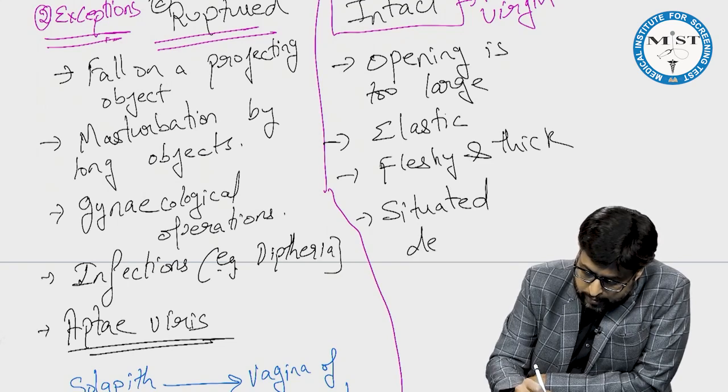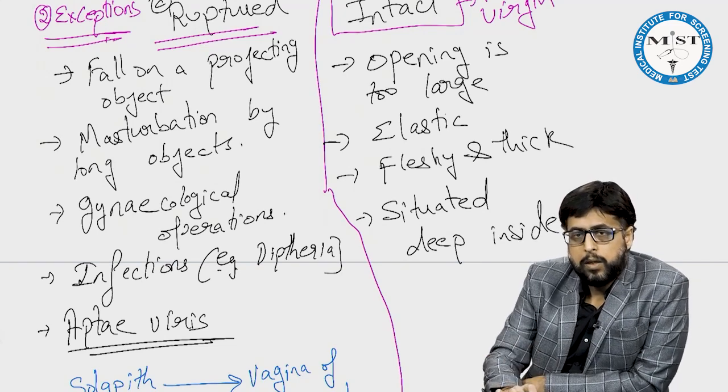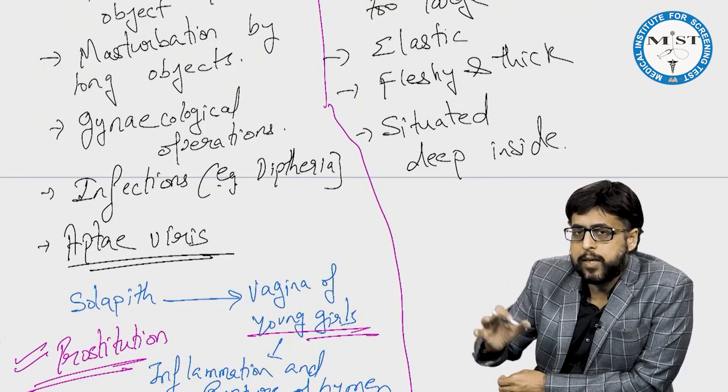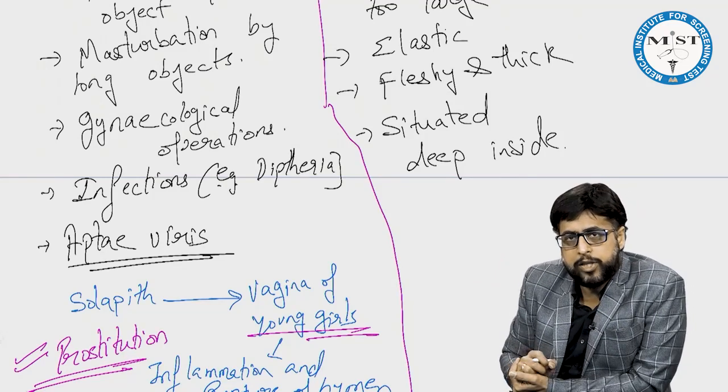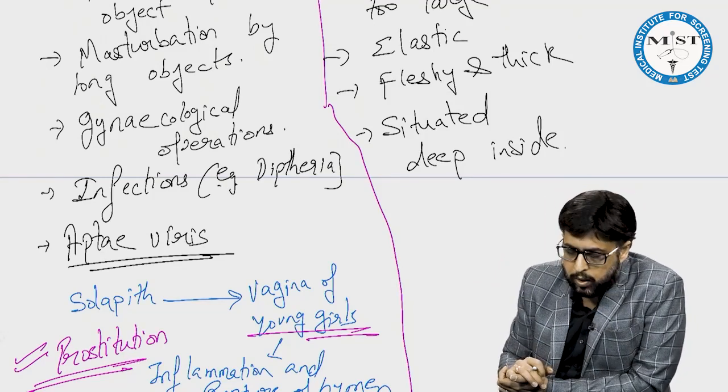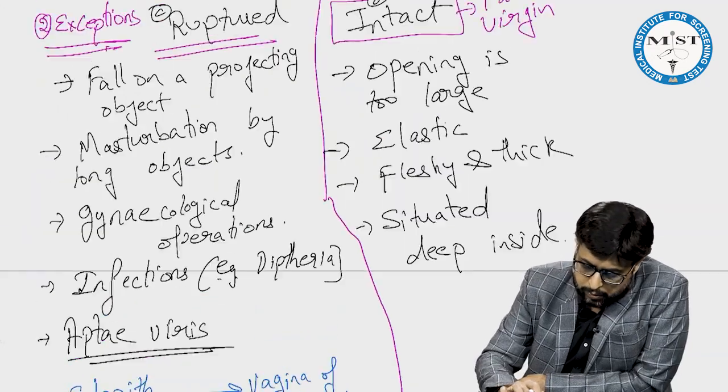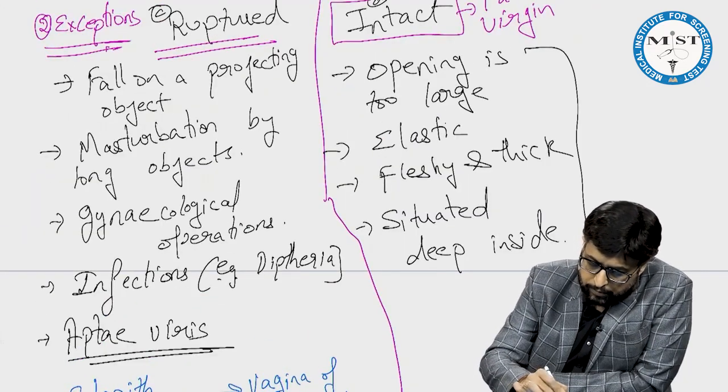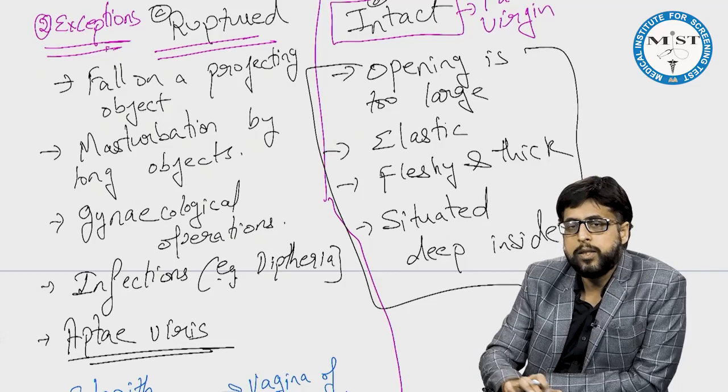So that even if penetration is there, the hymen is not able to get ruptured. So, these are the conditions in which false virgin can occur.